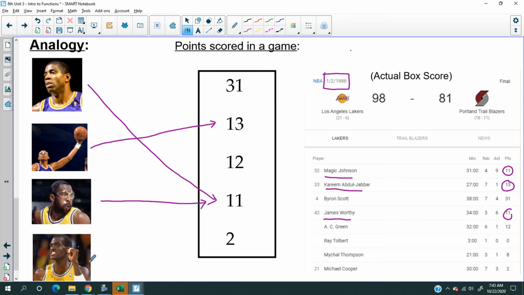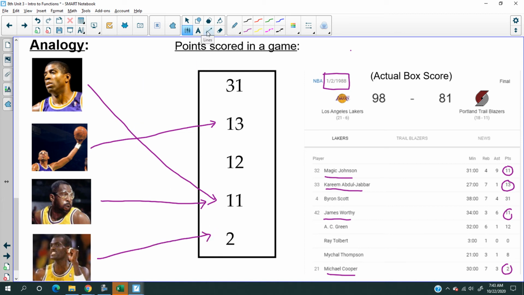And then the fifth best player in the team is Michael Cooper, and he scored 2 points. He's a defensive specialist. He's not much of a scorer, and can't really shoot either.